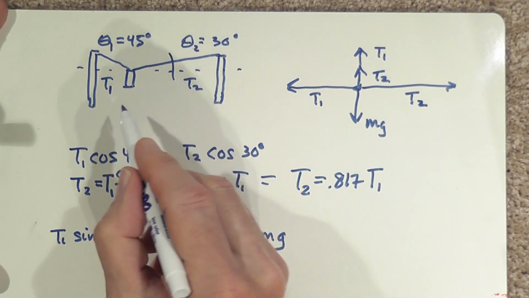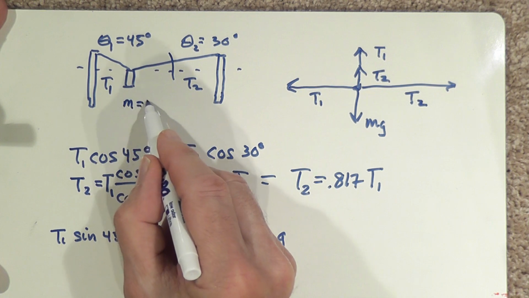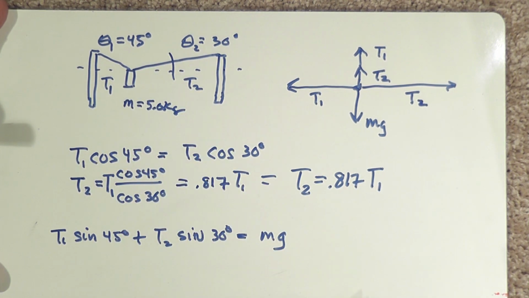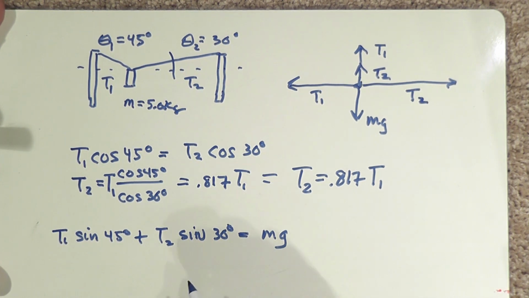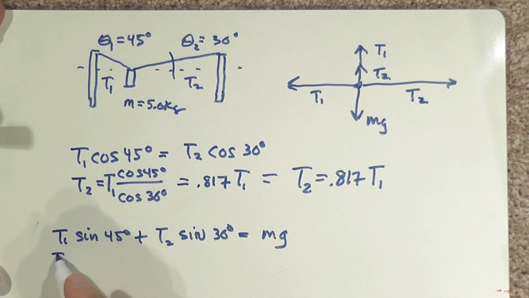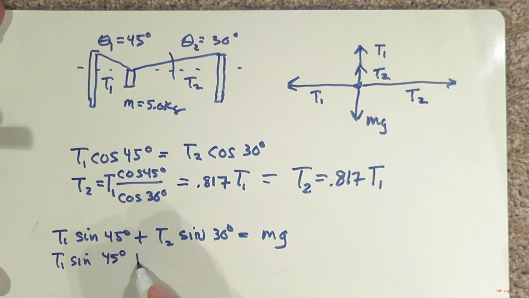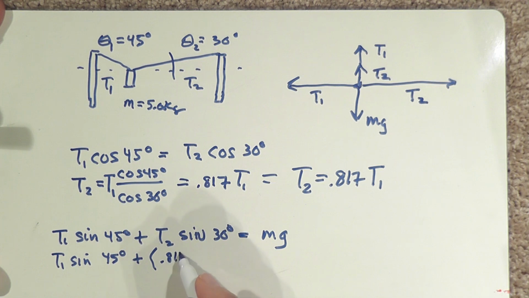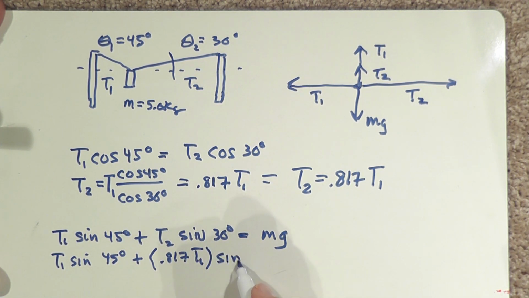Let's just say our mass is equal to 5 kilograms. Now we're going to substitute for T2. We're going to get rid of T2 and replace it with this. So let's rewrite that: T1 sine 45 degrees plus 0.817 T1 sine 30 degrees equals mg.